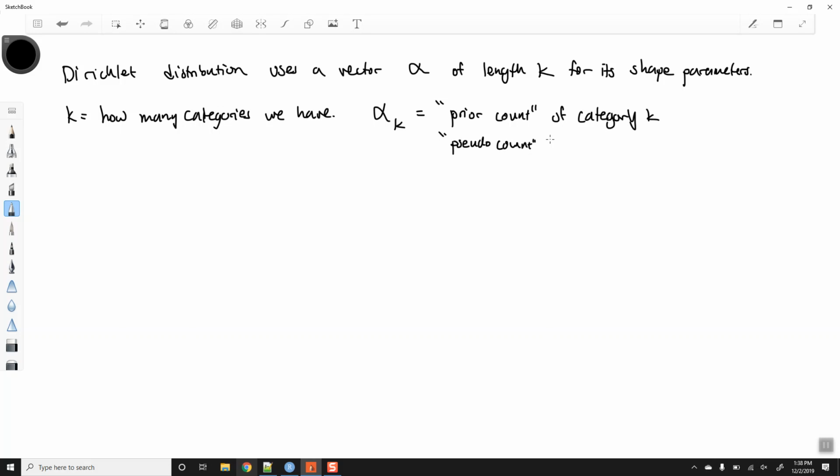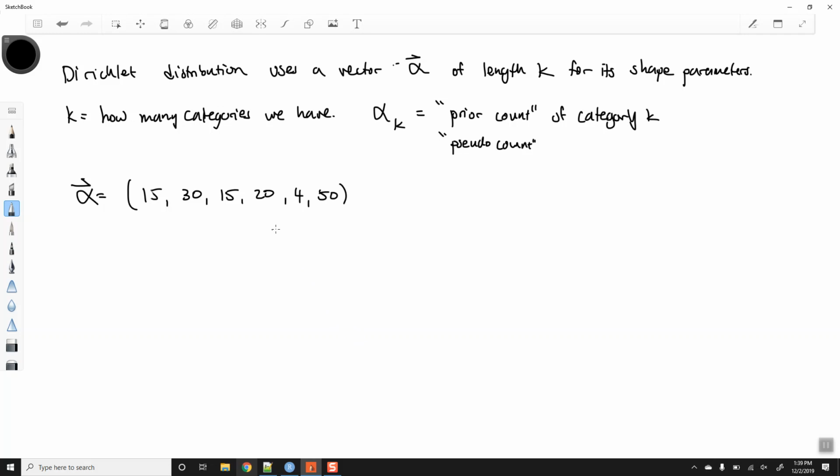So it's the idea that we saw the coin land heads 5 times and tails 5 times, so we're going to use alpha as 5 and beta as 5. Here it's going to be like this, so the vector A could be something like 15, 30, 15, 20, 4, and 50, or something like that.